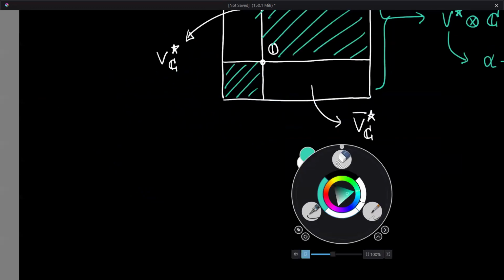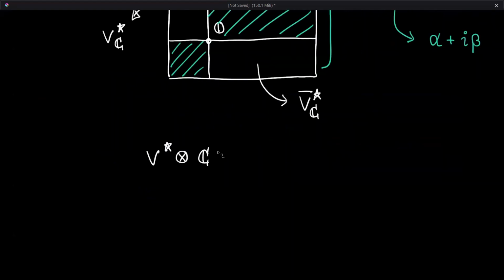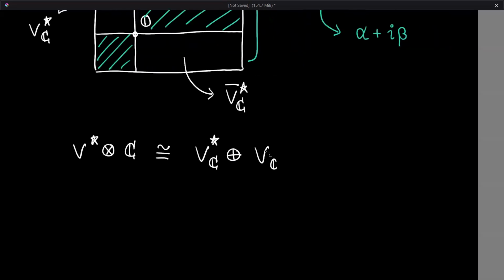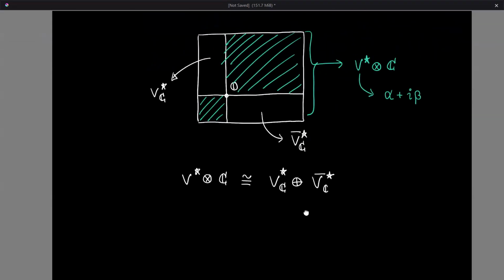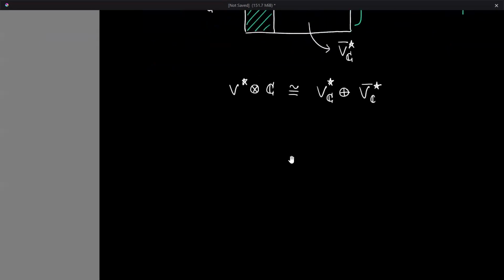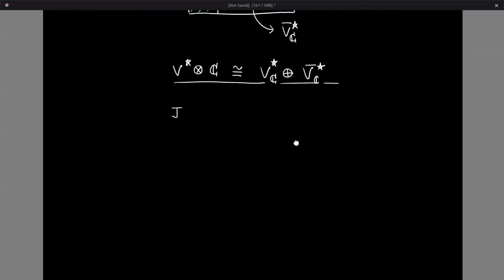The next interesting result is that V star O cross C is isomorphic to VC star O plus VC star bar. We're going to show this. So this is the next result. Okay, so let's start with, I'm going to put an underline on that. That's the title of this part.